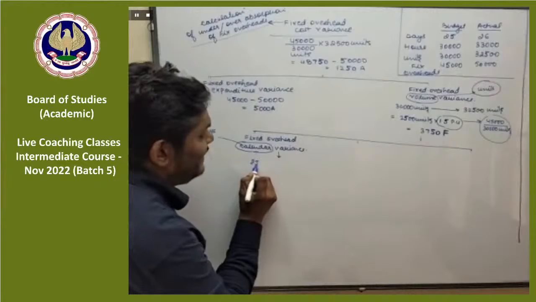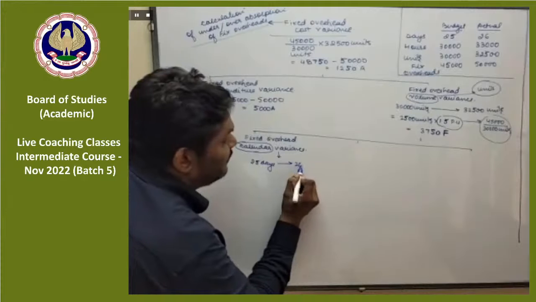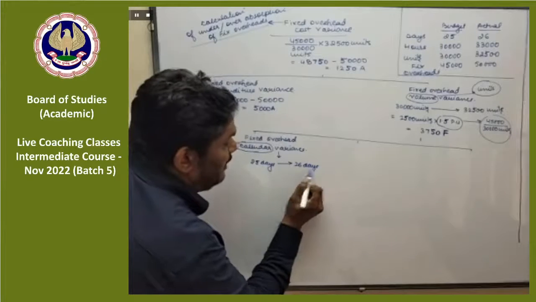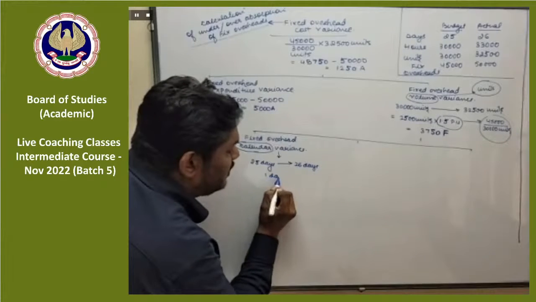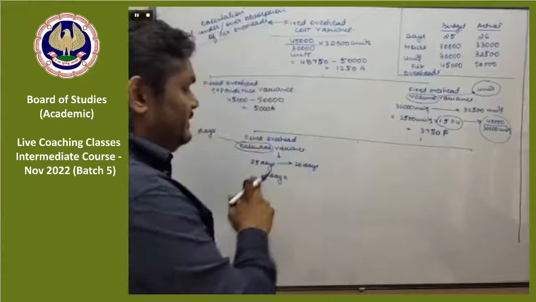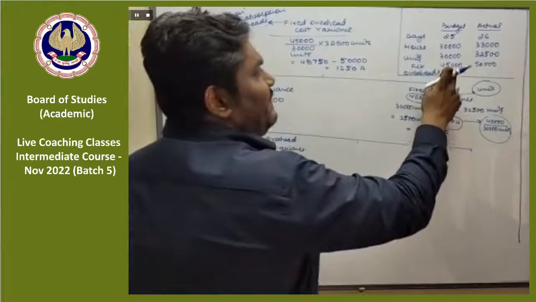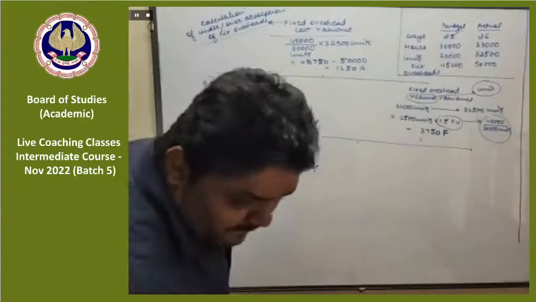So I instructed my staff to work for 25 days, but they worked for 26 days. That is 1 day extra. Into, since it is day, we'll be taking the rate per day, that is 45,000 divided by 25.